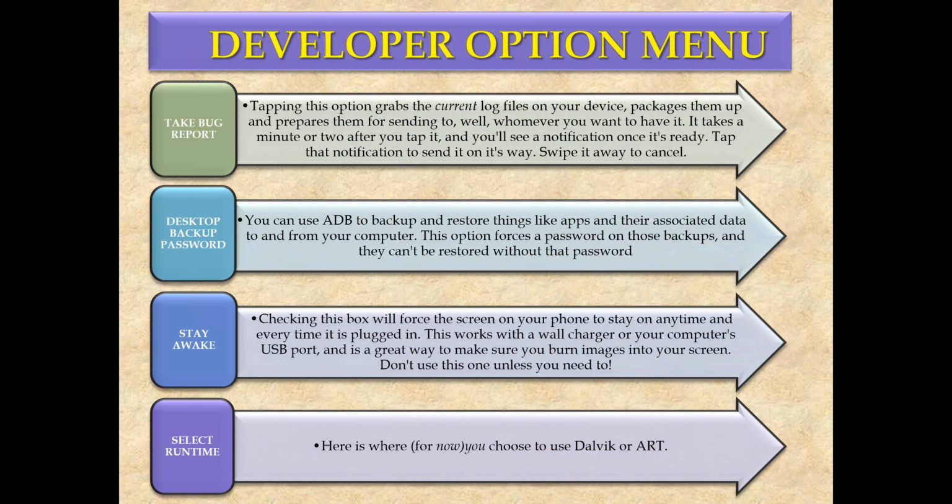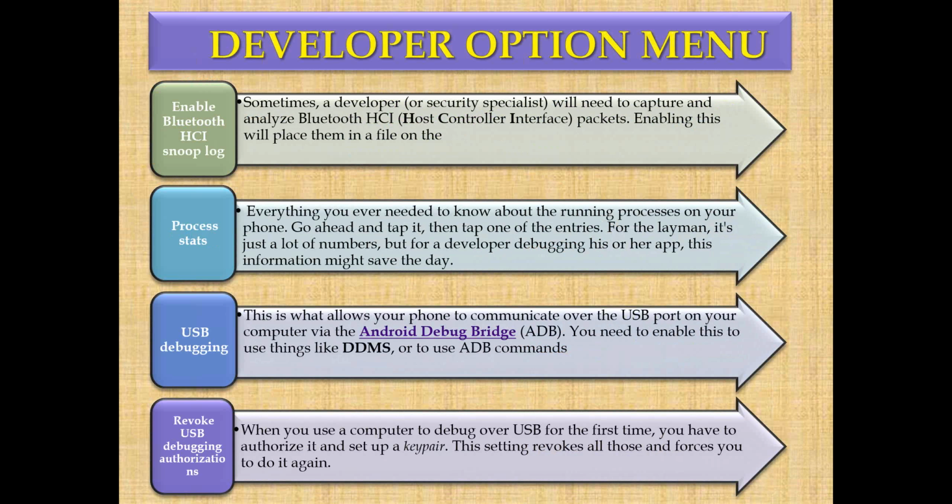Right now, you have to understand, guys, I'm just showing you what it is, and we're gonna get deeper and deeper. Think of it as an overview, so you would know where to find these things. There are many tools being implemented automatically into the developer options. Here you can enable the Bluetooth HCI, the host controller interface.